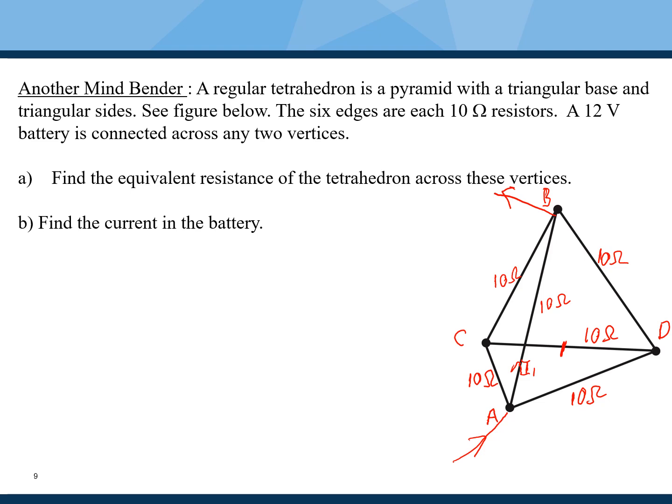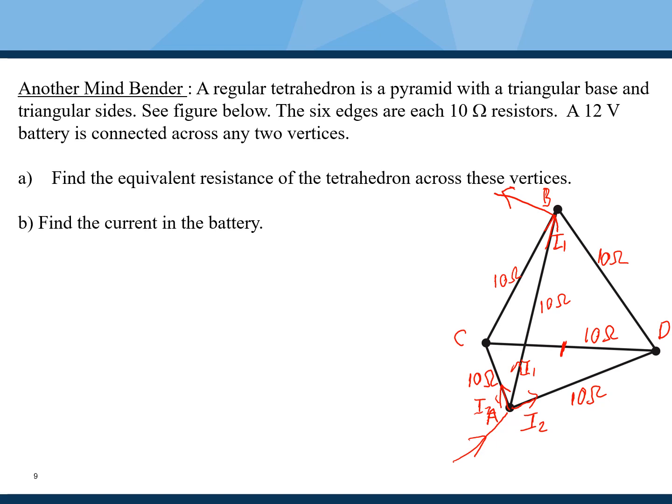And from the symmetry of the problem, there's an amount of current I2 going from A to D, and an amount of current I2 going from A to C. And again from the symmetry, there's an amount of current I1 coming from A to the vertex B. So this current is I1.